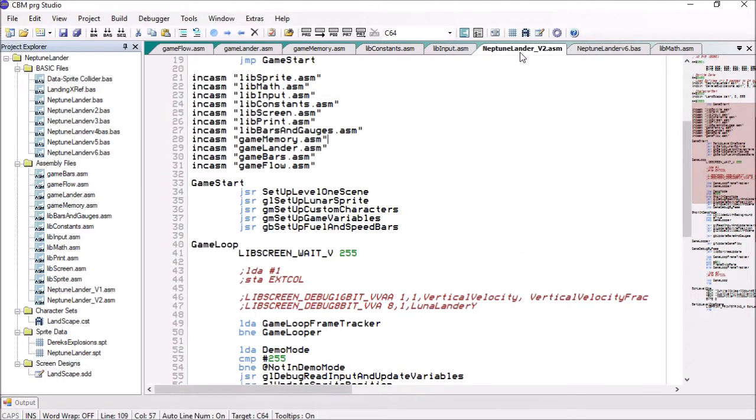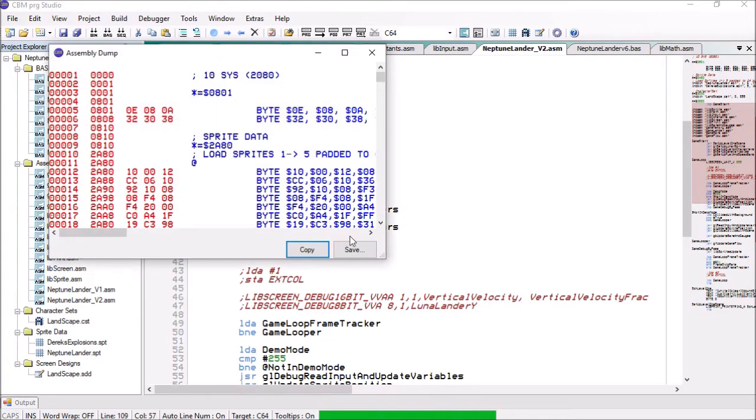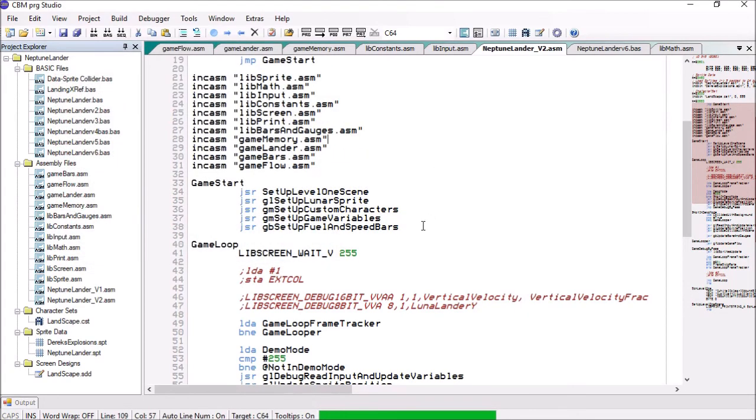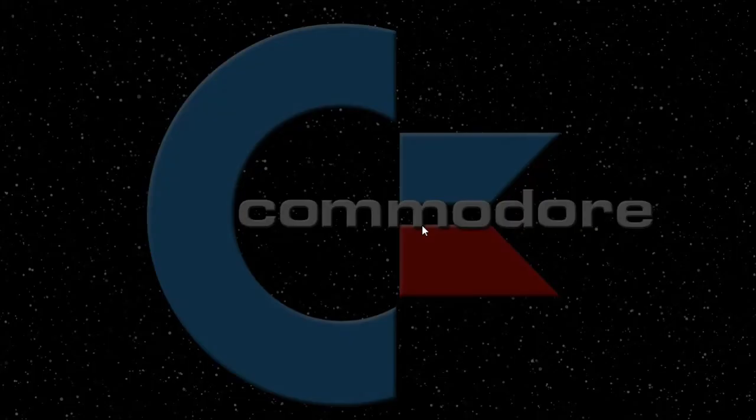Right, let's see if the game controls work and whether we can get to that bit of the screen that we couldn't get to before. Here we go.